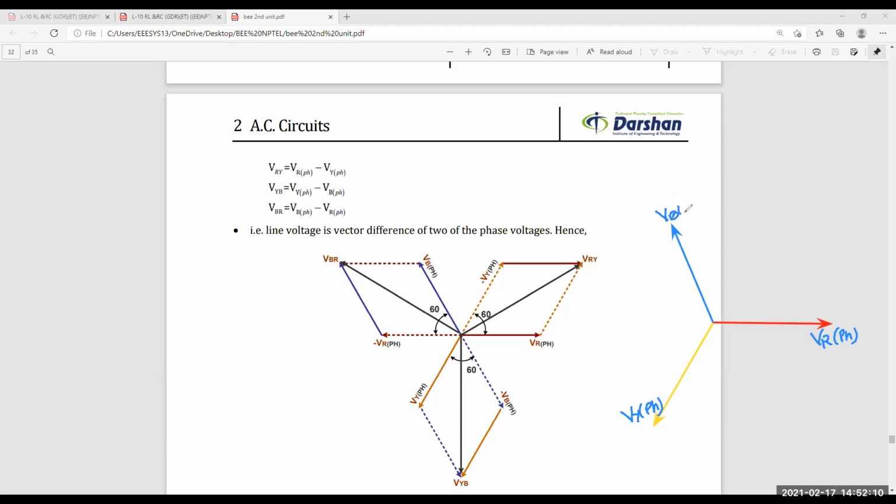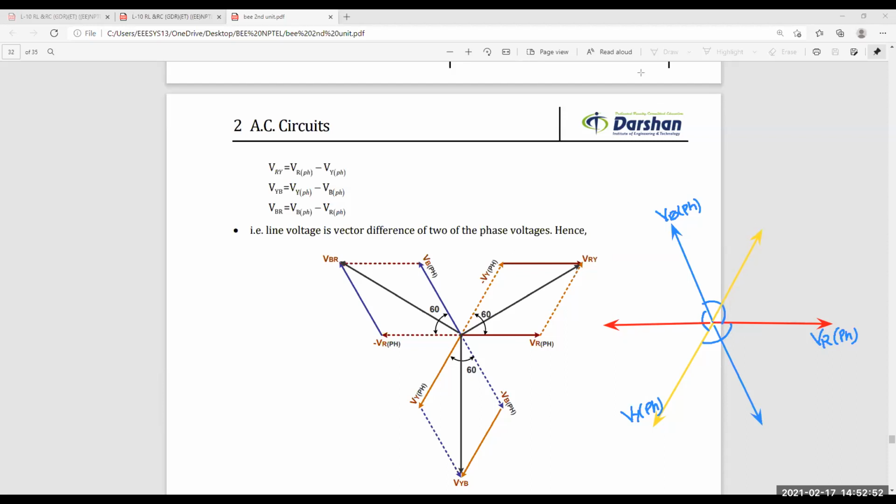You know well, each phase is displaced by 120 degrees. Here 120 degrees, here also 120 degrees, here also 120 degrees. Am I right? And with respect to these, the negative phases are drawn. What is the negative phase for this? Like this. What is the negative phase for the Y phase?